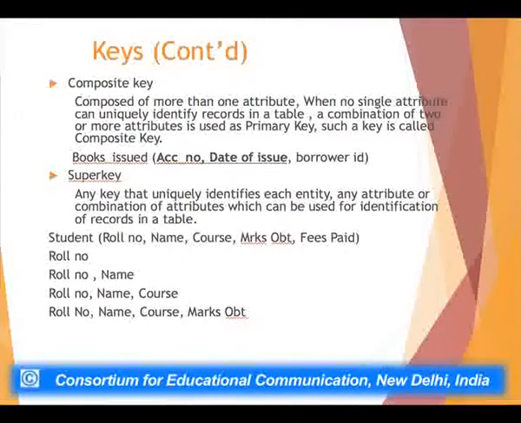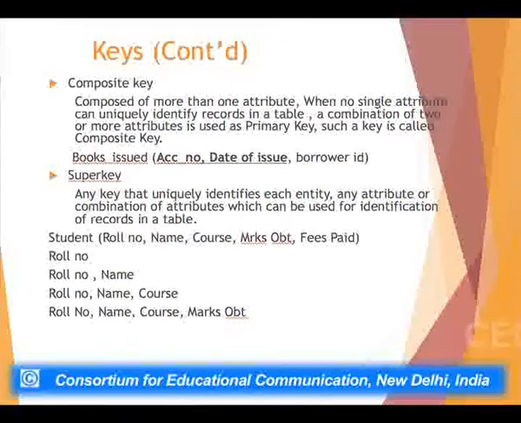So, the composite key, as we discussed, is a key which is composed of more than one field taken together. Then there is another concept called the super key. The super key is any key that uniquely identifies each entity. Any attribute or combination of attributes which can be used for identification of records in a table is known as a super key.